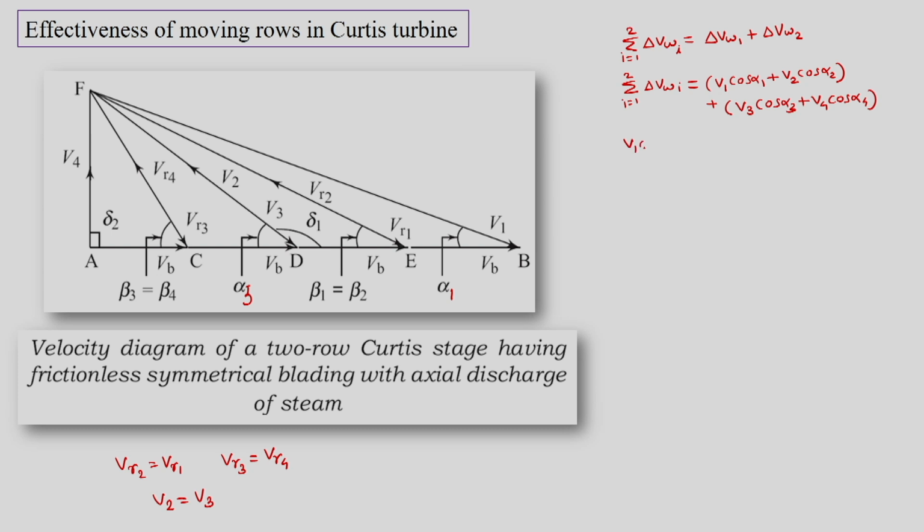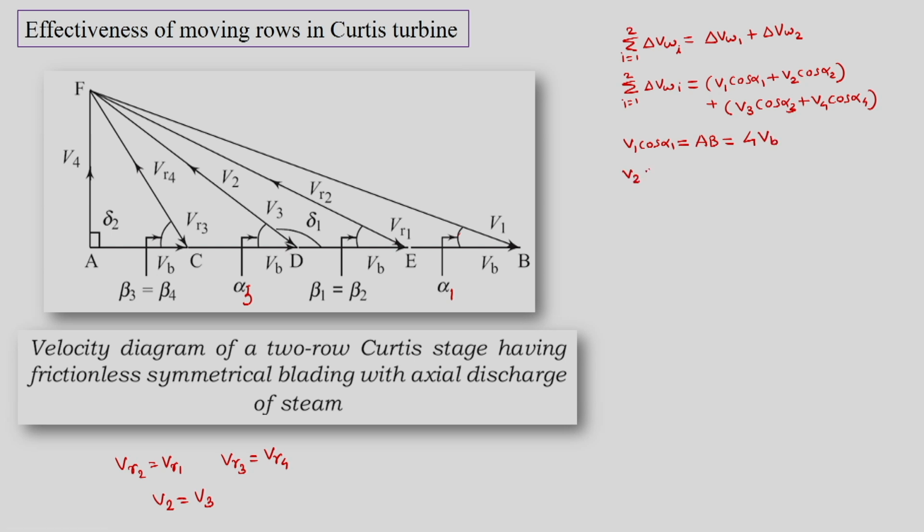Now we know V1 cos alpha 1 from this diagram is equal to 4 VB. Each line corresponds to VB. So V1 cos alpha 1 is the complete AB, and AB is equal to 4 VB.